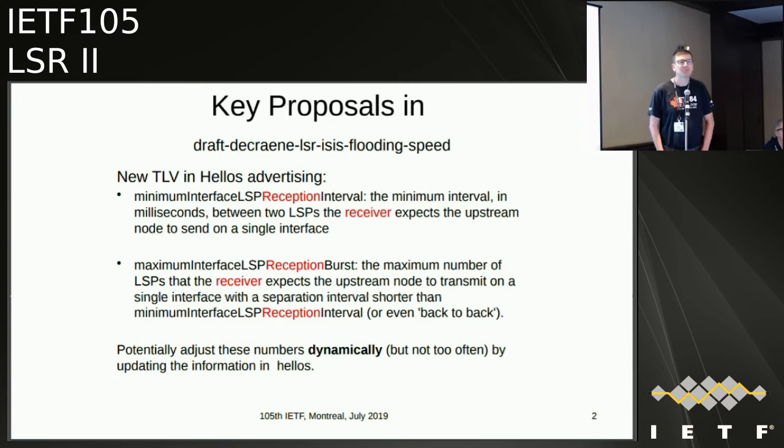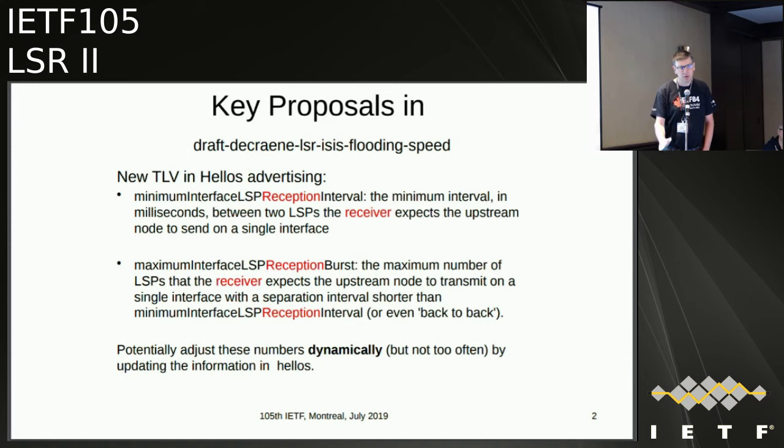So Bruno, one question here. Are you saying that the thrust of the draft's proposal is that you should assign different flooding speeds to different interfaces as a static configuration? We'll come to that. Different flooding speeds with different interfaces. But is that what your draft is actually meant to propose?